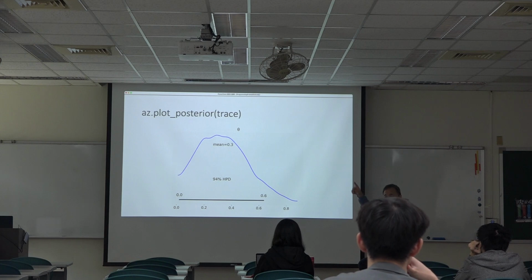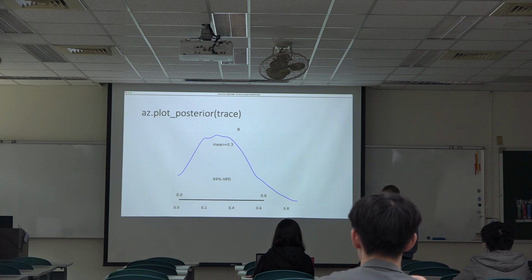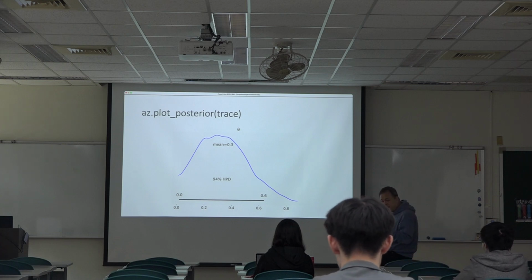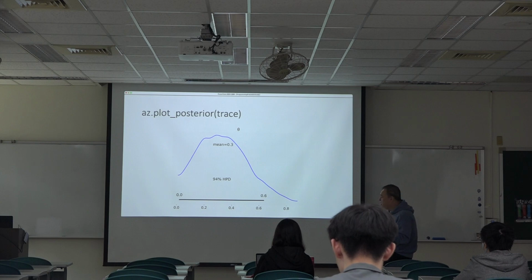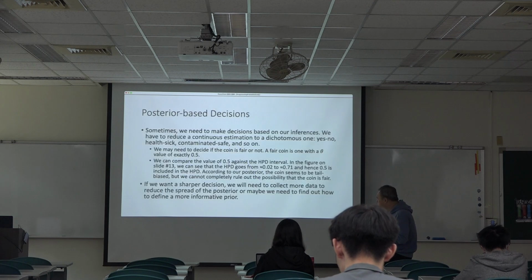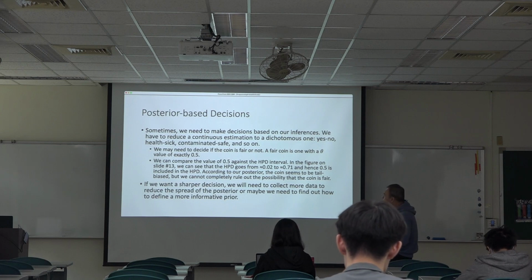The figure will look like that, and obviously the 94% HPD will also be narrower, which may not include 0.5. So this is one way to make a decision from the posterior distribution.